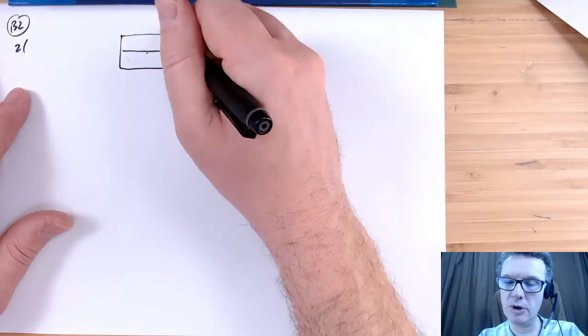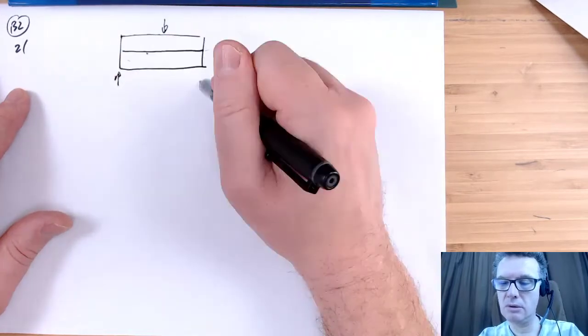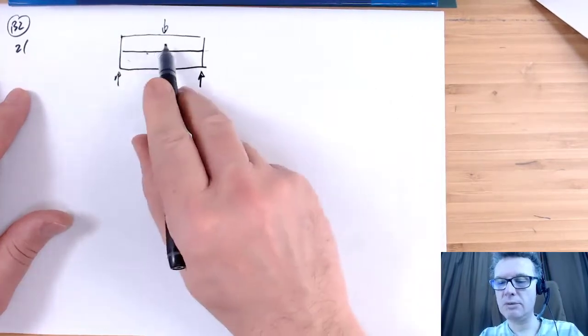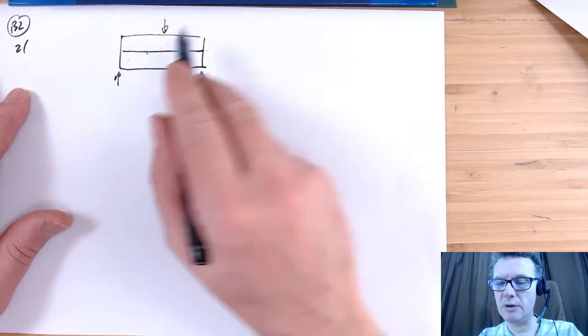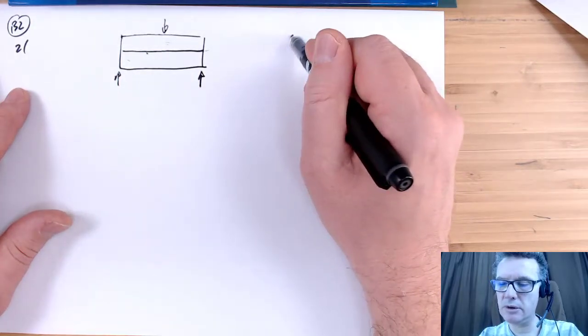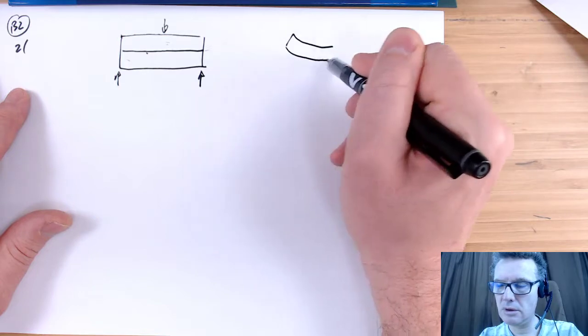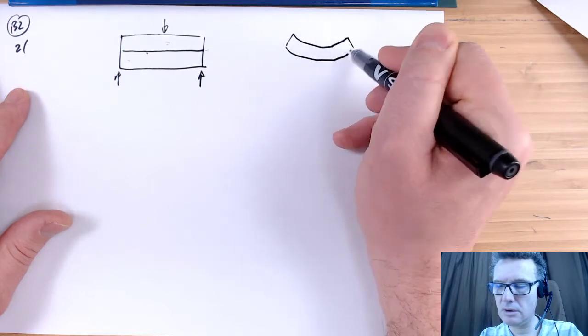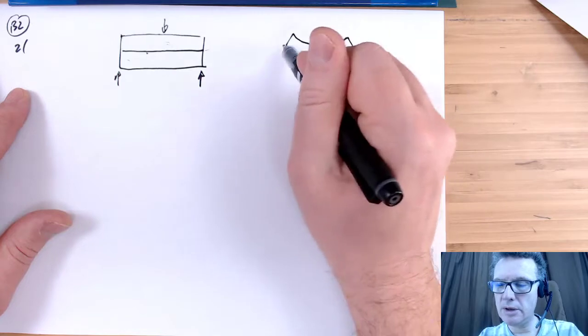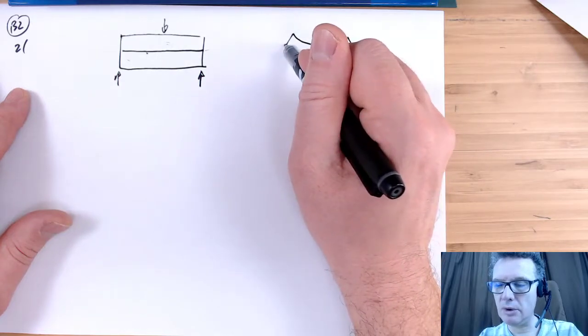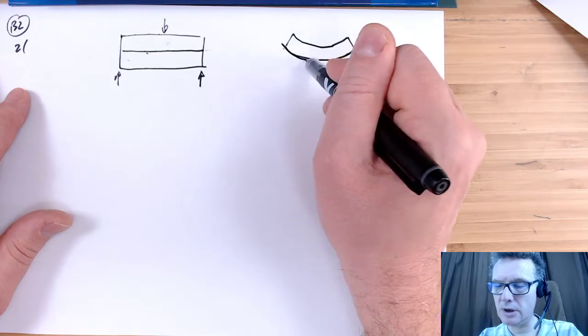So when I put the load on, I'm expecting the one at the top to get slightly compressed, and in relationship to that, we'd expect the lower one to maybe get slightly extended.